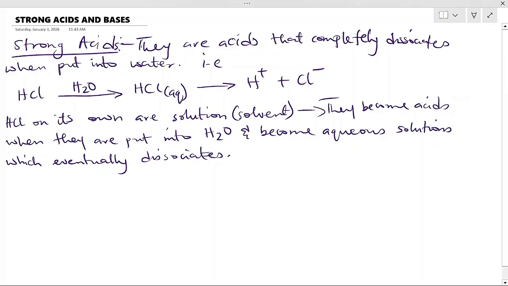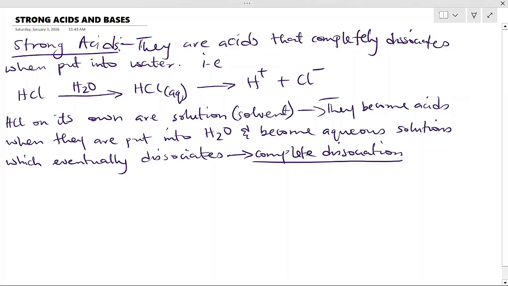In this case, it is a complete dissociation. That's what actually makes them strong acids, because they completely dissociate to give their counterpart proton and chloride.